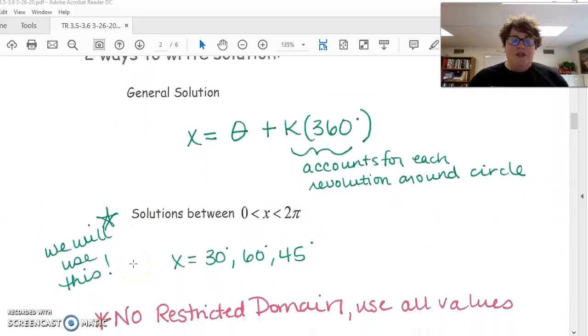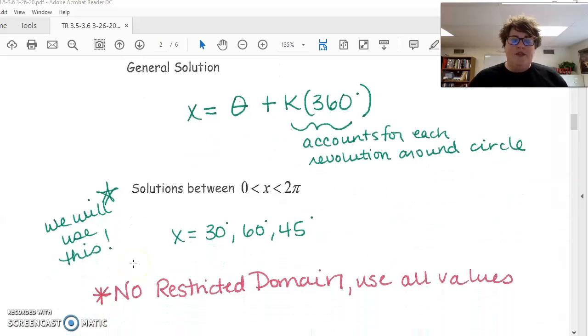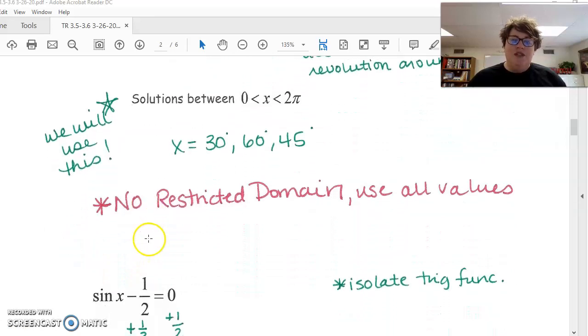You can write your solutions in two ways. The first one is a general solution, and the k times 360 on the end accounts for every revolution around the circle. As it goes around, it hits all those coterminal angles. That's our general solution. What we're going to focus on more is just the solution that happens between 0 and 2 pi. This is what we will use.